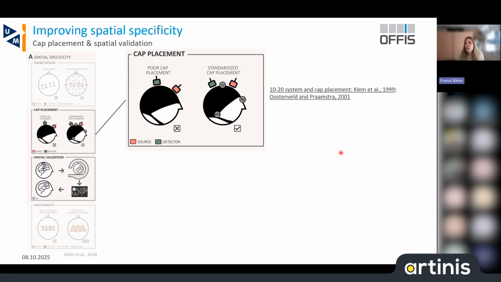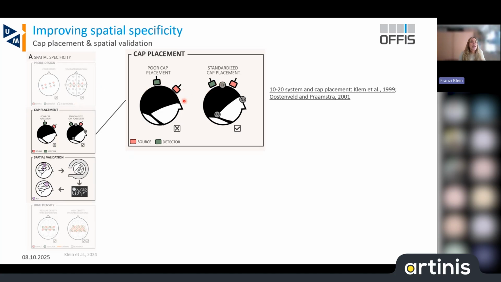So for this part, you usually have a nice guideline based on the 10-20 system. So usually when you, for instance, have designed your probe based on the 10-20 system, it's also quite important that you place it accordingly. And there are some easy rules. So just taking the line between Inion and Nasion, and between the two preauricular points, and the crossing of these lines should mark the position of the Cz position here.